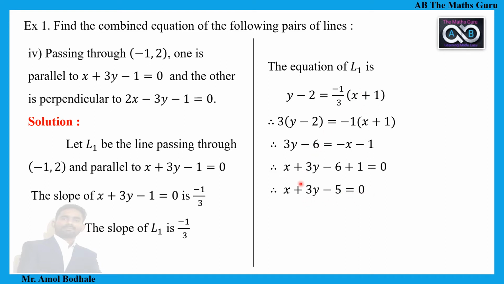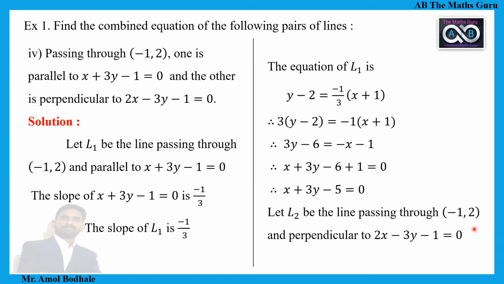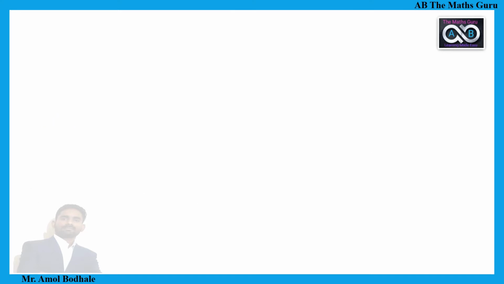Similarly, we have to find the equation of L2. Let L2 be the line passing through the same point (minus 1, 2), but this line is perpendicular to the second line, which is 2x minus 3y minus 1. Here, let's calculate the slope of this line.